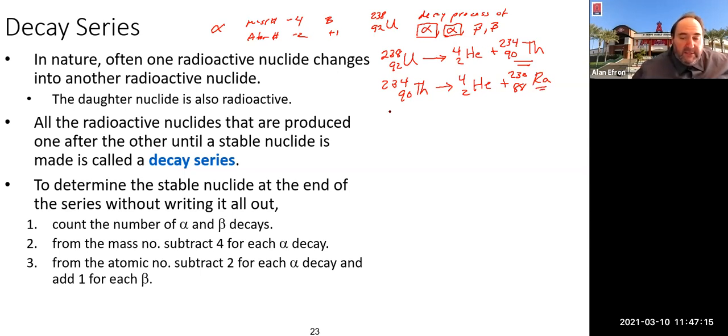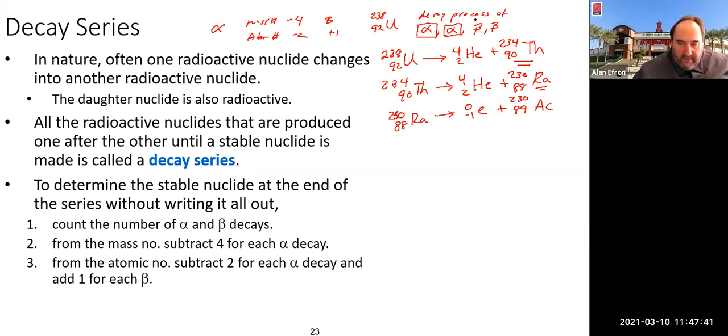Then what we just produced would go through the next process: 230, 88. In this case, it's going to go through a beta decay, which is 0, negative 1, e, our beta symbol. The negative 1 on the bottom means the atomic number has to go to 89 to get me to the right spot. And 89 would be Ac.